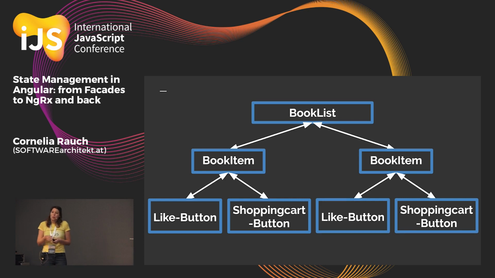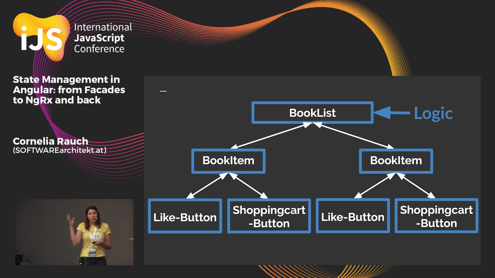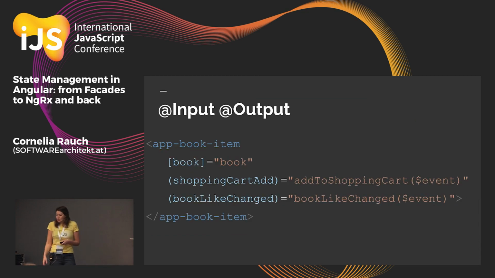So the like button and shopping cart button are obviously just dumb components. They don't really do anything. They're just displaying the button and they're there to be pretty. And also the book item doesn't need to have so much logic. It's just displaying the book as an item. So all the logic in this component tree structure should be in the book list, which looks like this. And those are just three components.